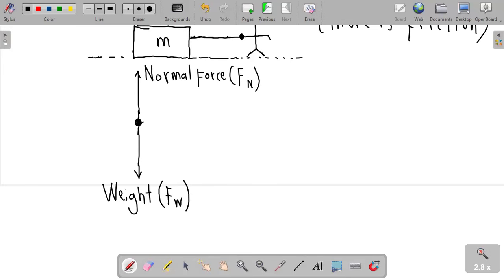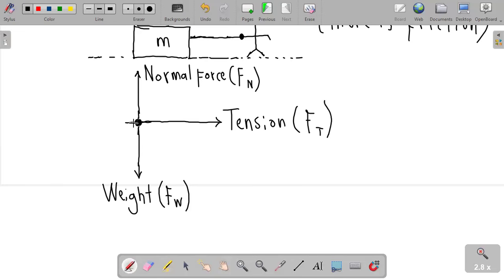And then to the right, we have what? The tension, because we have the rope. So there's tension, because a rope or a string is being used. And then Ft, like that.